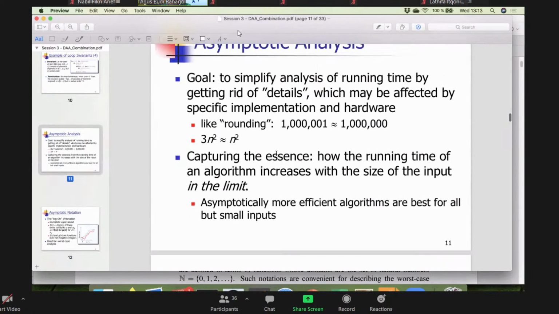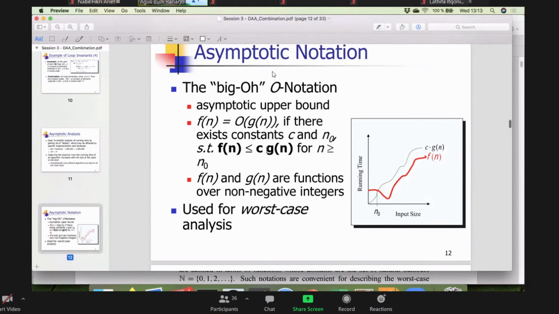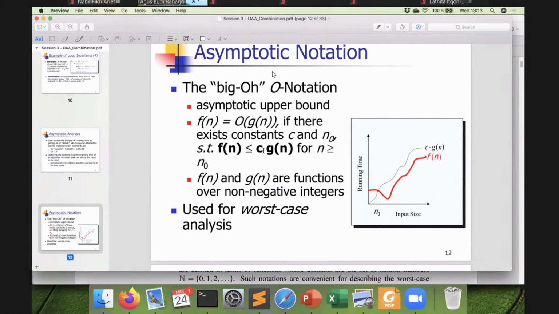You see over here, the c is the constant, which here is 3, but it depends on the case, on the computation. For n greater than or equal to n0. So this is the limit of the small input. After small input, from n0 until the end. And here is the function f(n), and this is the big O notation.